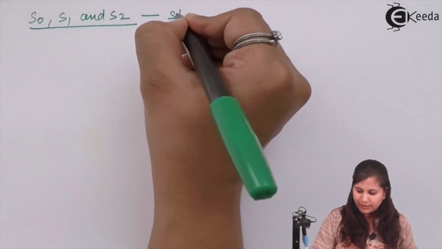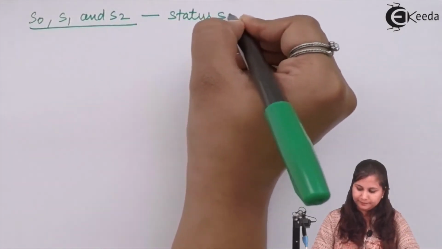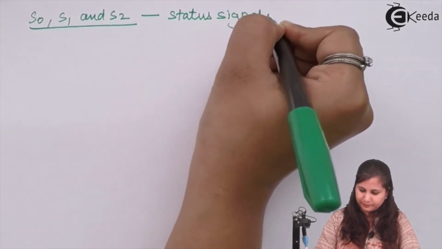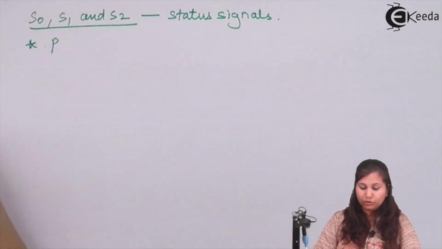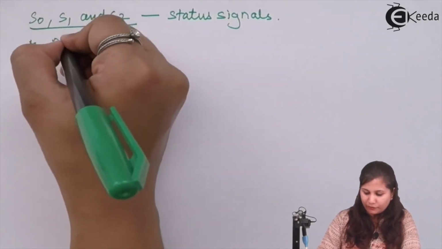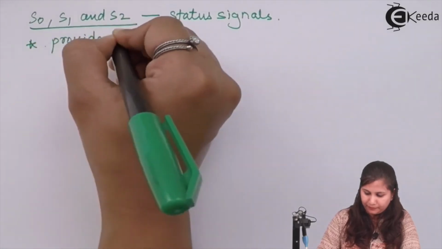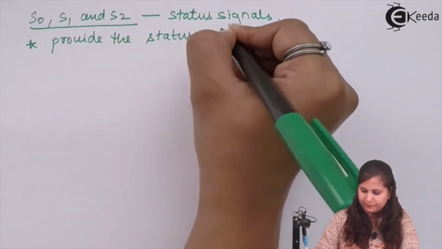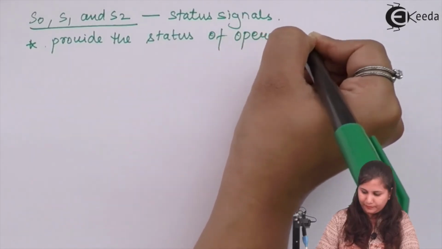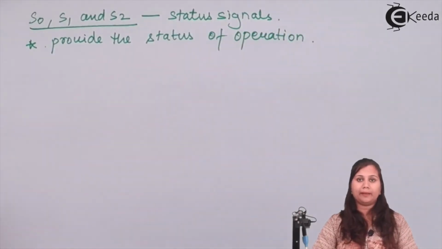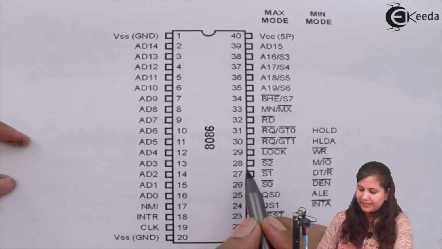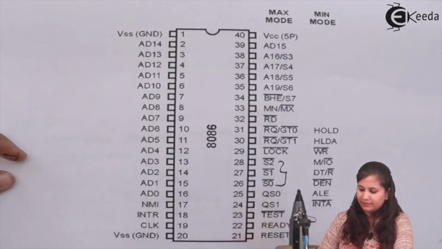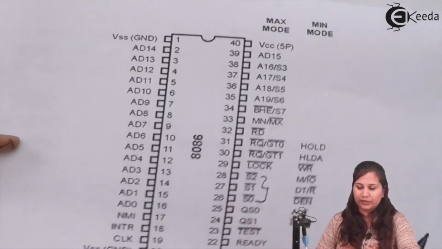These signals provide the status of the operation, and they are available at pin number 26, 27 and 28. You can see in the block diagram, we have 26, 27, 28, the three status signals S0, S1 and S2.